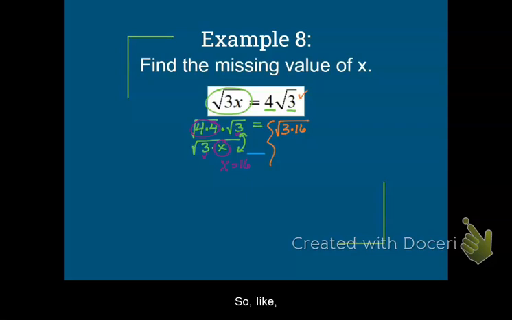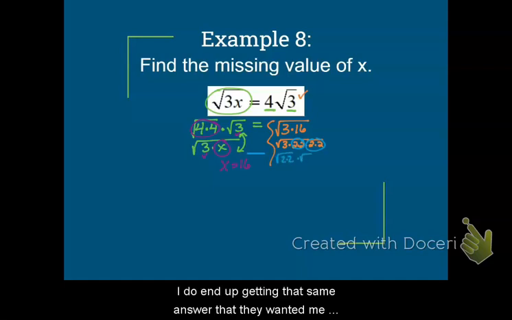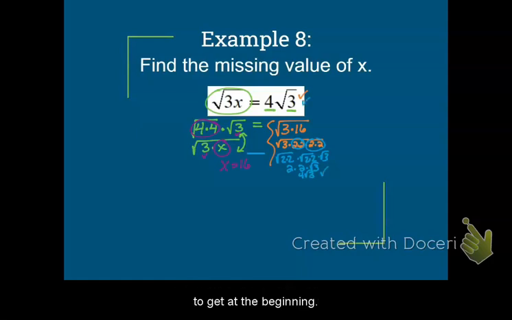So like if I were to take the 3 times 16, and I were to do a prime factorization of that, and then I were to do groups of 2, I do end up getting that same answer that they wanted me to get at the beginning.